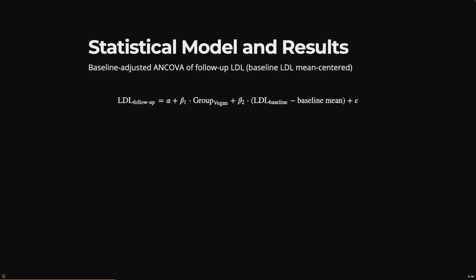You lost me. Okay. So the baseline LDL for every single person, let's say we had 44 people in the whole study. We are subtracting the average baseline LDL from all of those.